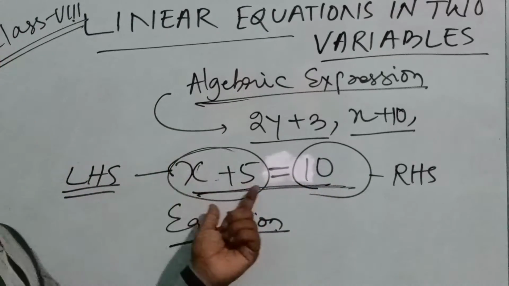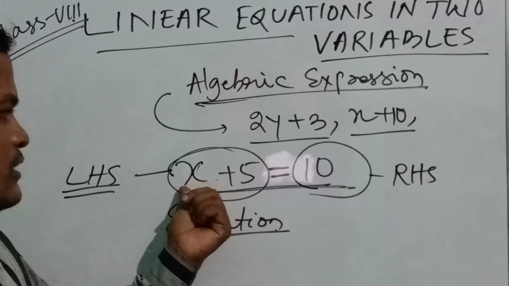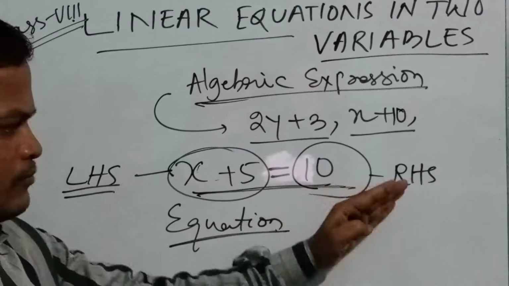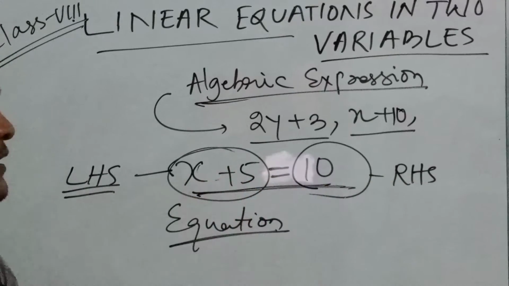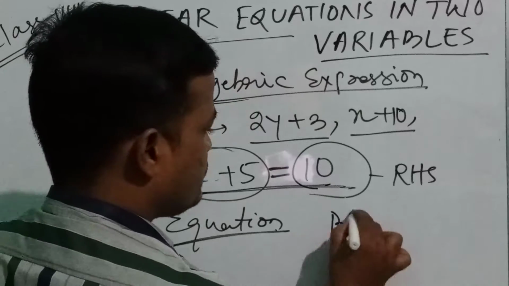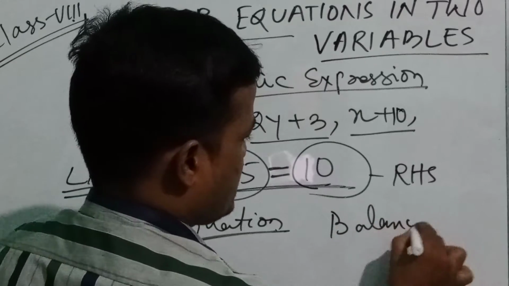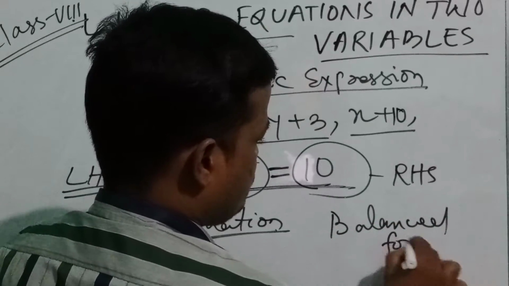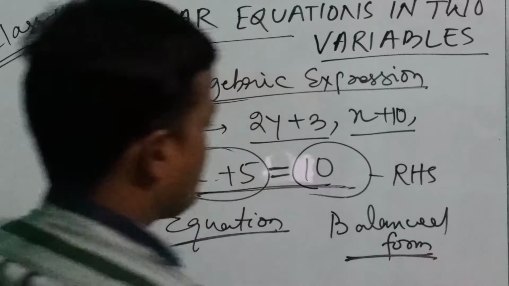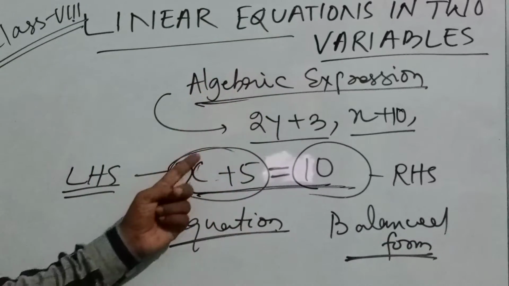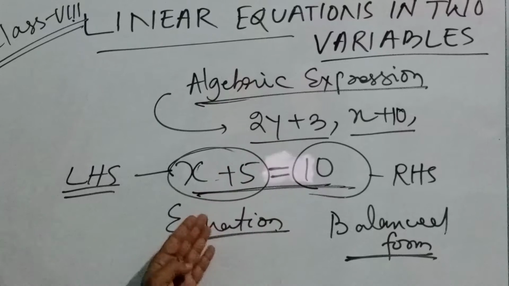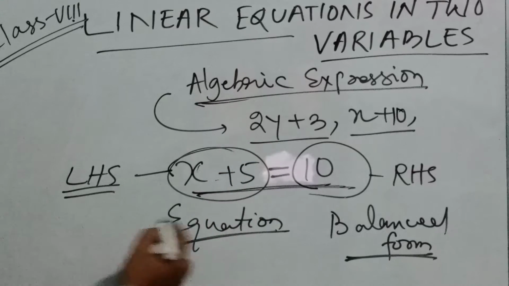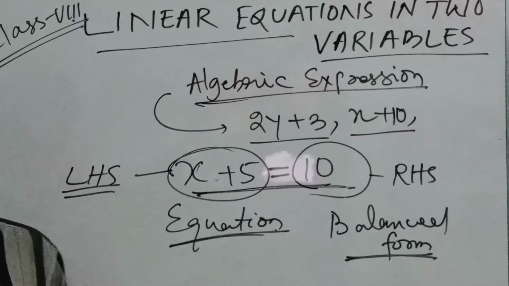When 5 is added to this number, it gives rise to 10. So values remain constant. This is a balanced form. This is called an algebraic expression. This is called an algebraic equation, or simple equation. Is it right?